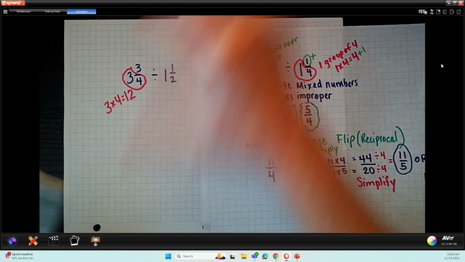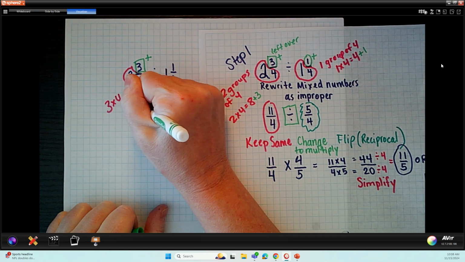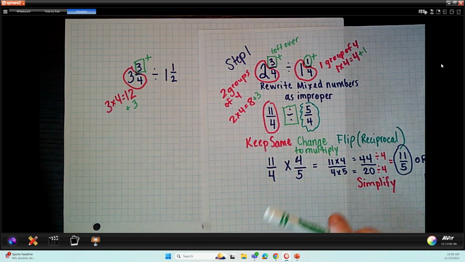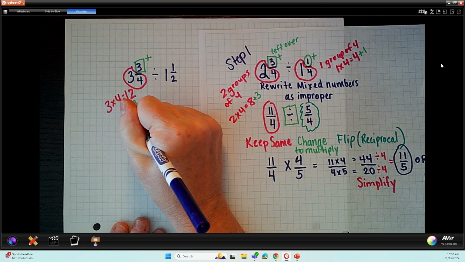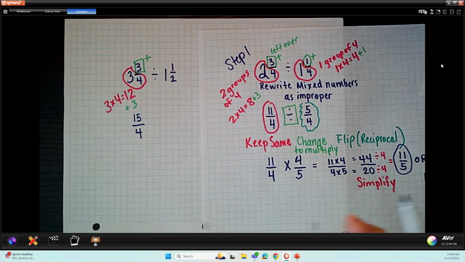So I need to add 3 to that. So my new representation, instead of 3 3/4, is 15/4, which is the same thing. We just don't go around saying I have 15/4 of something. We say I have 3 3/4.